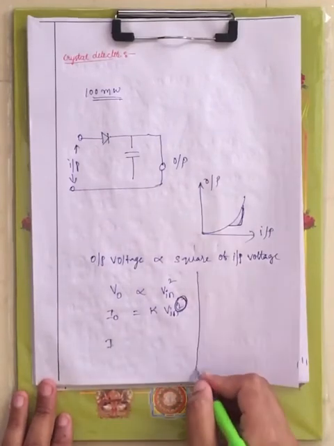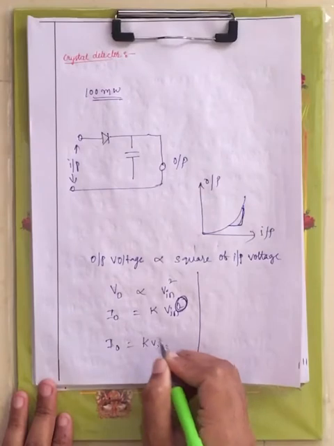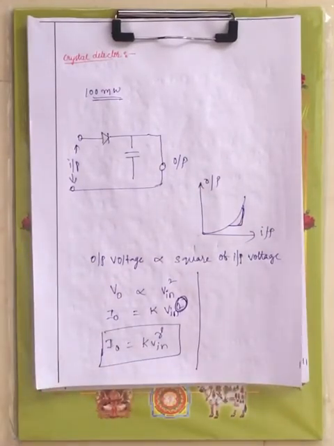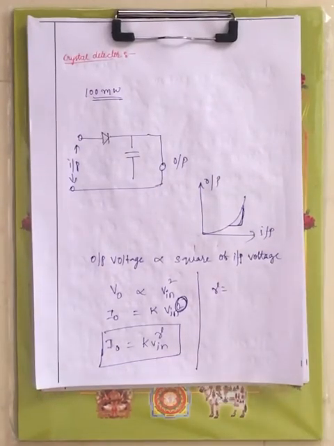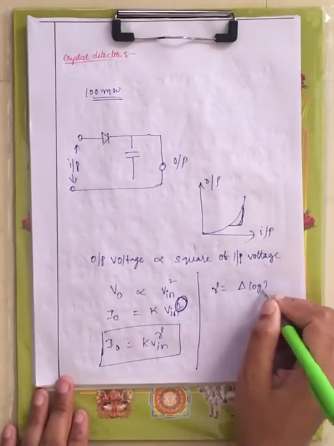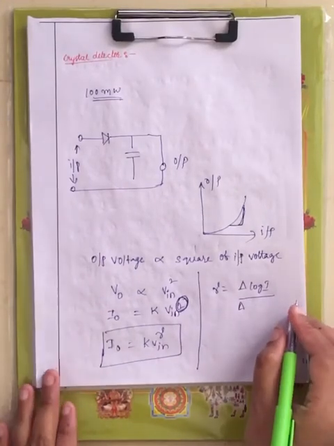That can be written as I naught equals K into V in to the power of gamma. You have to find out the gamma value from the characteristics of the crystal detector. That is given by gamma equals del log I divided by del log sine theta, where del is the difference between two values.